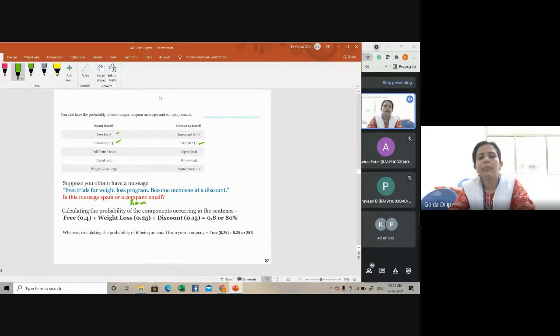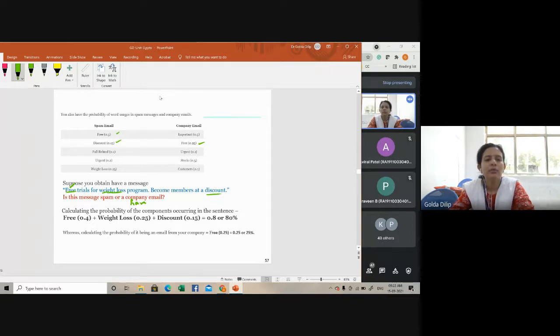So for that purpose, you first calculate the probability of the components occurring in the sentence. So what are the words coming up? Free is there, weight loss is there, then discount, right? So these are the words which come across in both the spam and company emails.